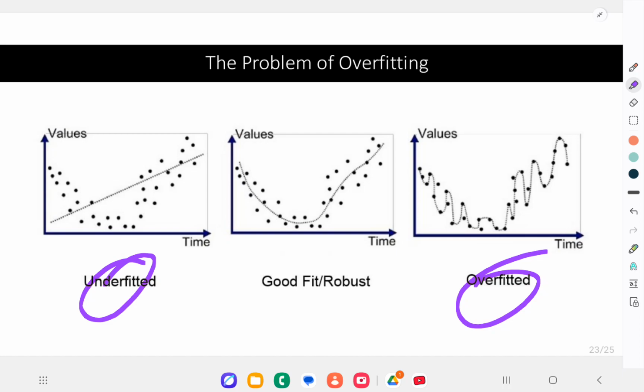It just doesn't have enough flexibility, right? So in between, we have a good fit, right? This means that the model captures the main patterns in the data without memorizing the noise in the data. It performs well on training and generalizes well on validation and testing data never seen before. Okay.